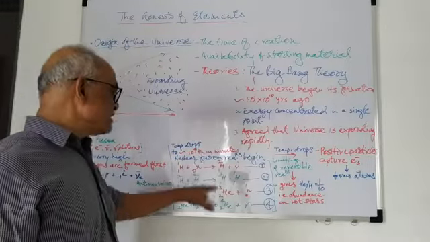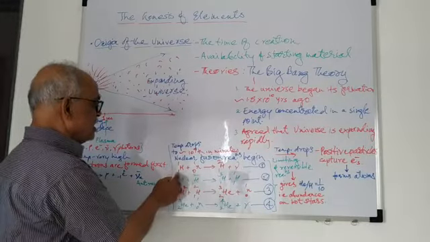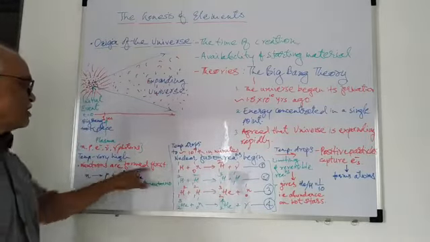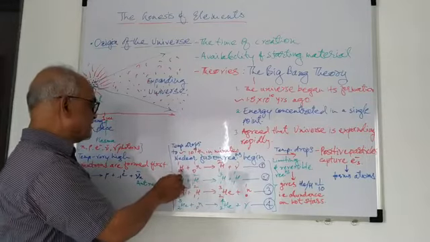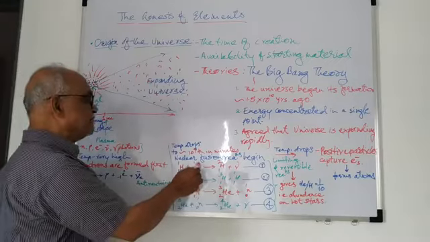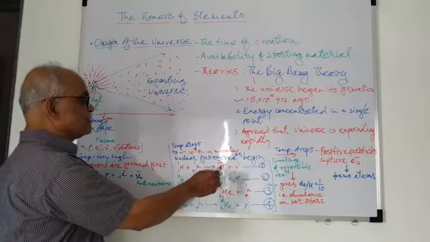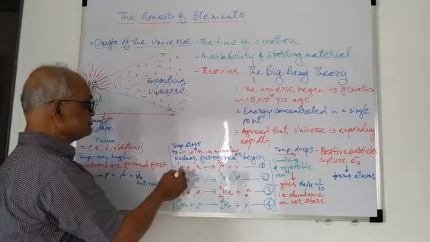Now we will explain these reactions. Here the proton is represented as 1H1, the neutron is represented as 0n1, this is the deuteron, 1H2, and this is the gamma photon.